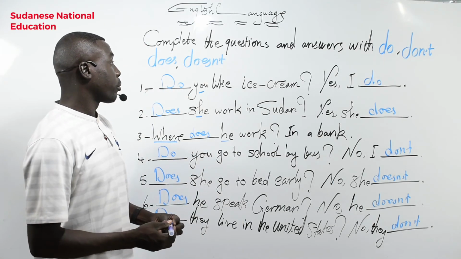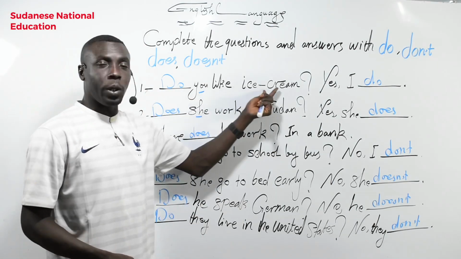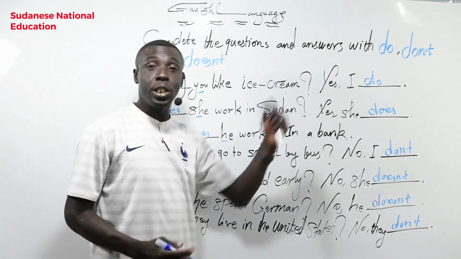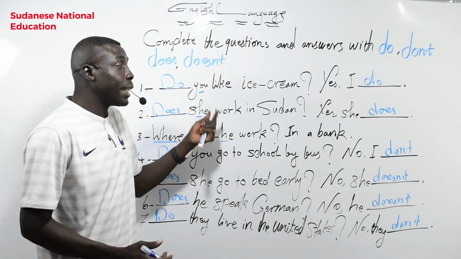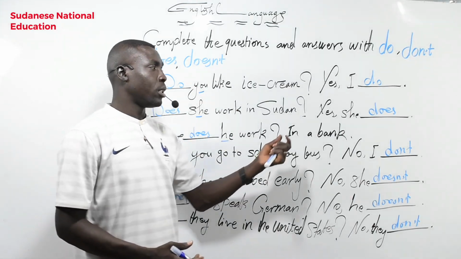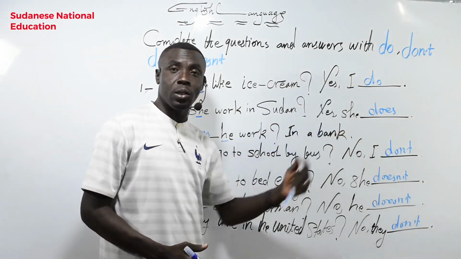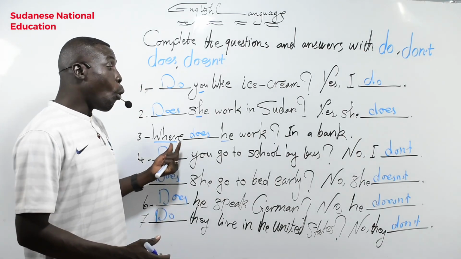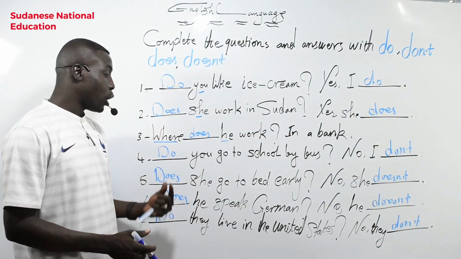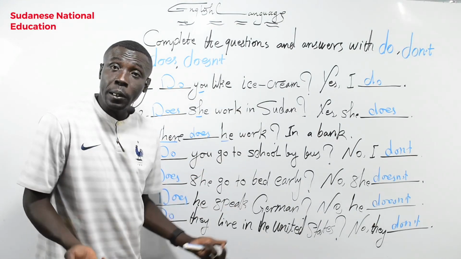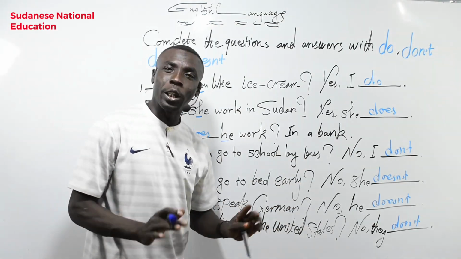Again, do you like ice cream? Yes, I do. Does she work in Sudan? Yes, she does. Where does she work? In a bank. Do you go to school by bus? No, I don't.